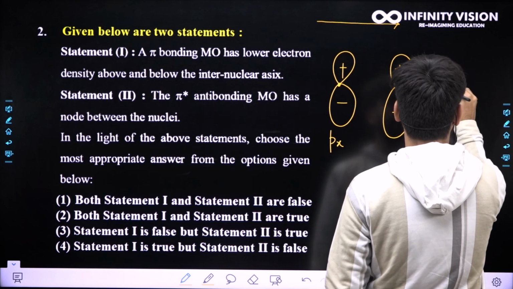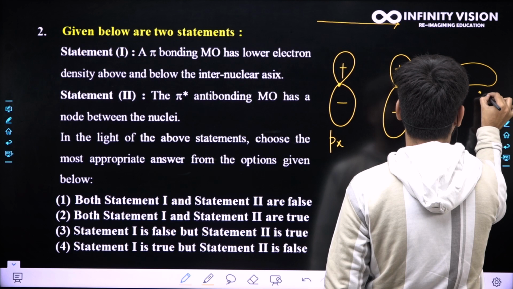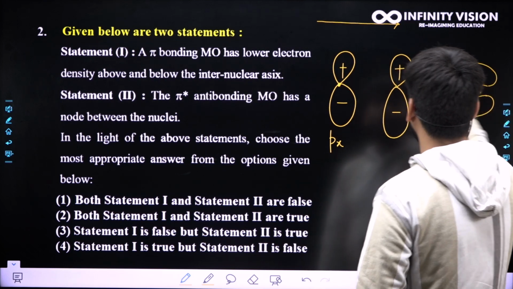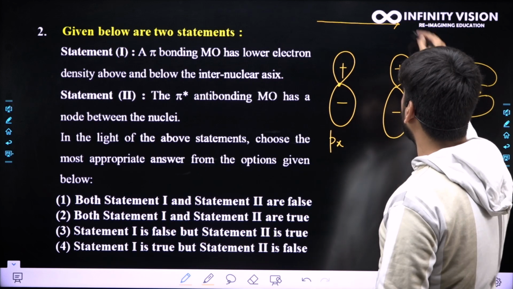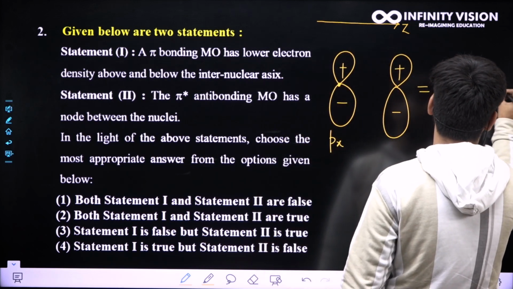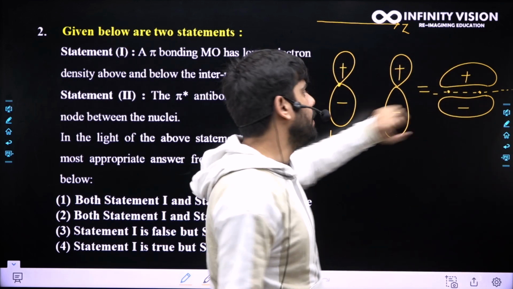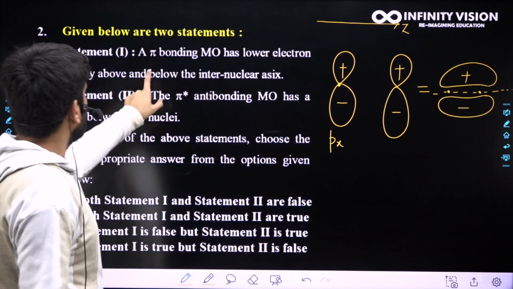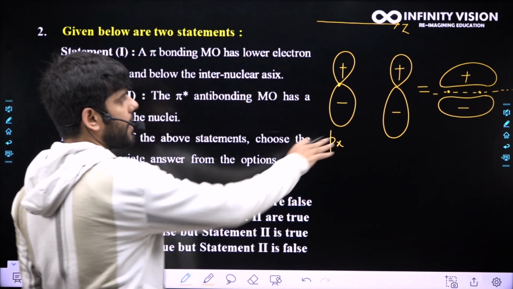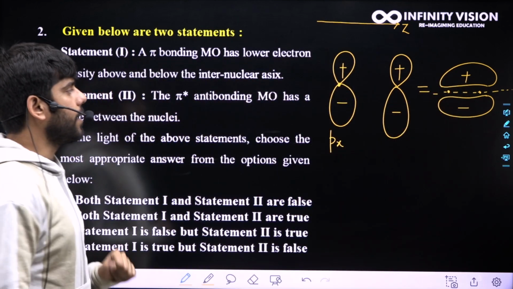Here's the nuclei of one, here's the nuclei of another, and we have 2 lobes representing the electron density above and below the internuclear axis, right? This internuclear axis is passing through the nuclei, and we have the electron density above and below it. But statement number 1 is saying that it has lower electron density. No, it has the highest electron density above and below this internuclear axis.